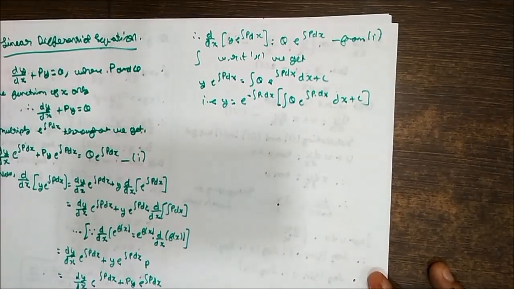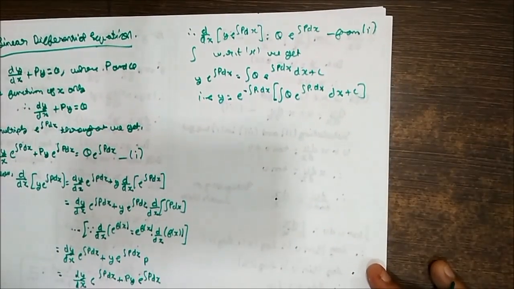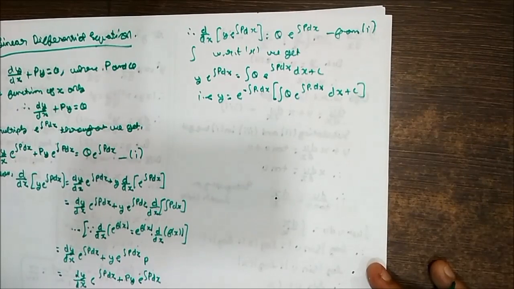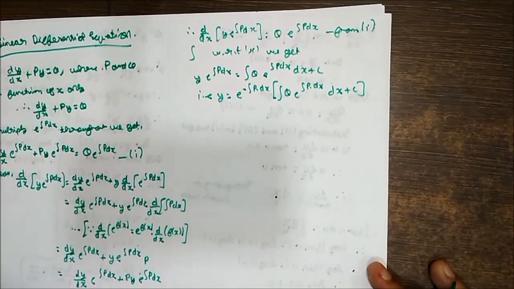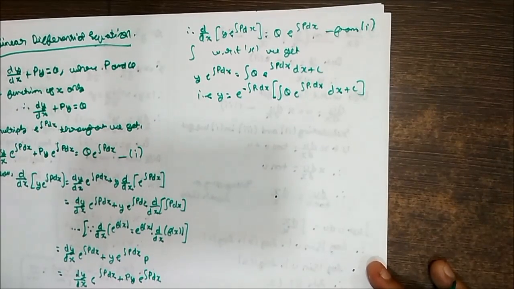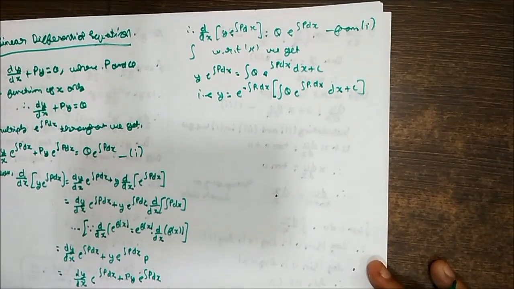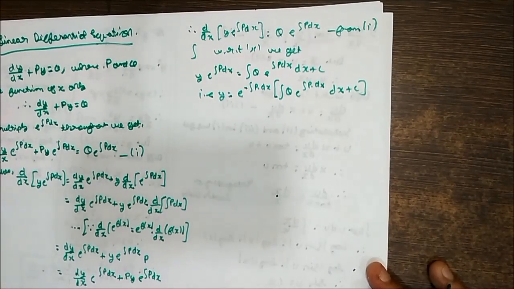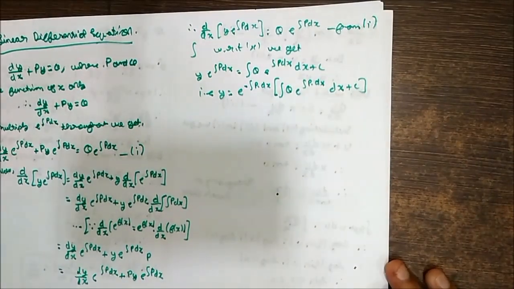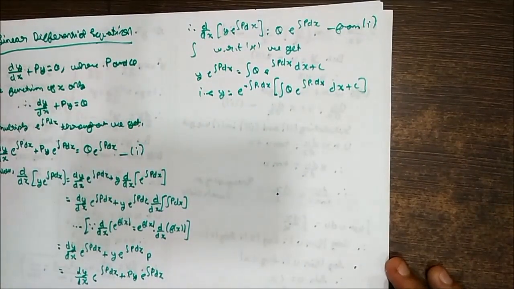In the case where the first order linear differential equation is in the form dx by dy plus p1 x is equal to q1, where p1 and q1 are constants or functions of y only, the integrating factor is e raised to ∫p1 dy, and the solution is x times I.F. is equal to ∫q1 times I.F. dy plus c.